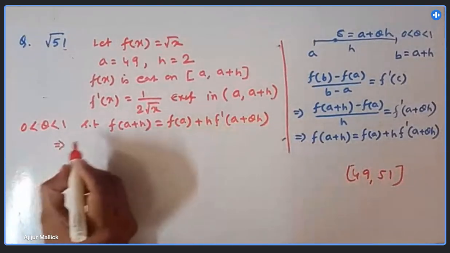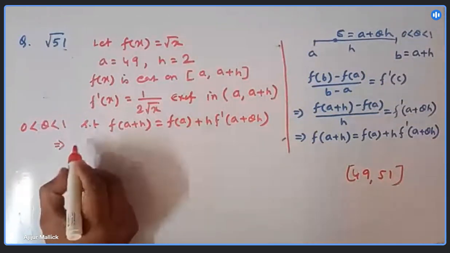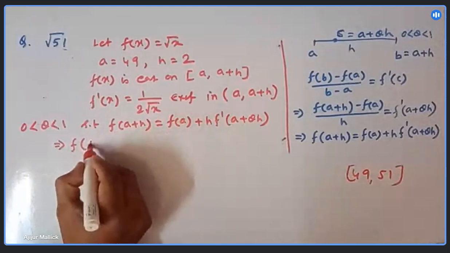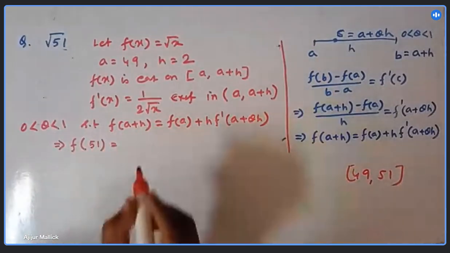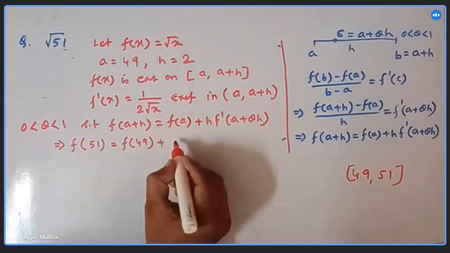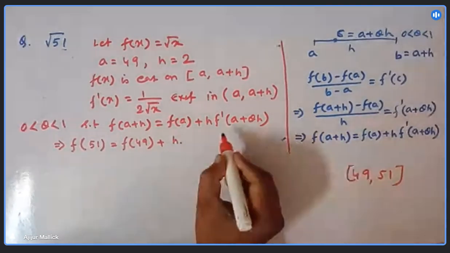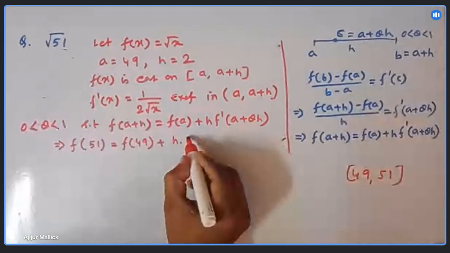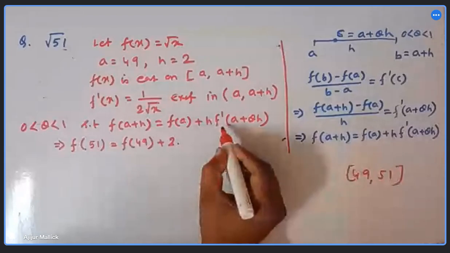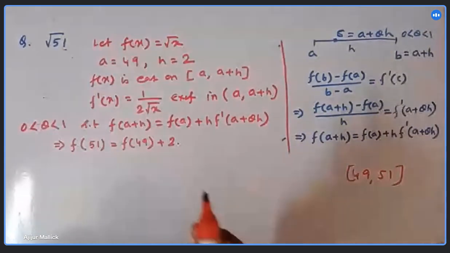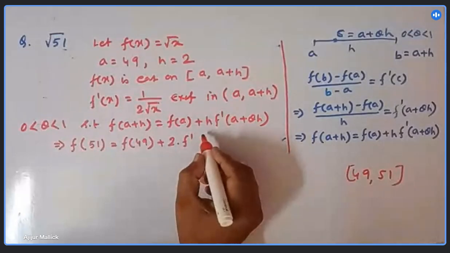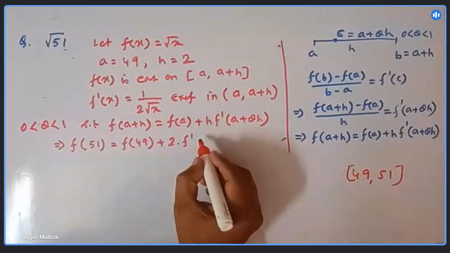So I put all values. f(a plus h) means 51 is equal to f(49) plus h, which is 2, into f dash (a plus theta h), where a is 49.